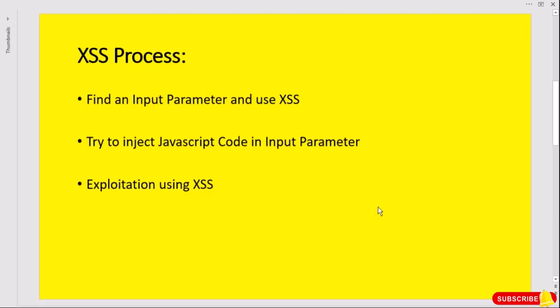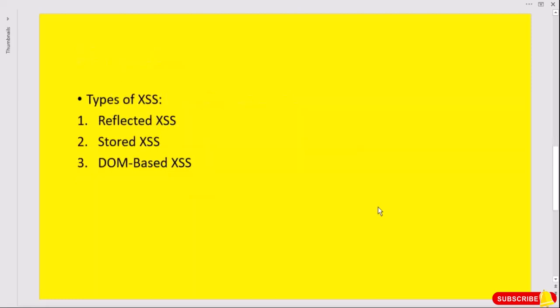And if we succeed, then there may be chances that there is XSS vulnerability on that web page. And to make sure, we will move on to the next step, which is to try to inject JavaScript code into that input parameter. And if we succeed, then make sure there must be an XSS vulnerability. So we will go for the exploitation using XSS.